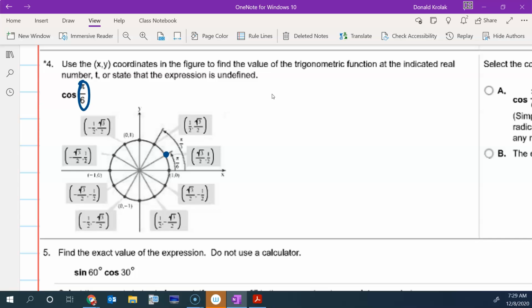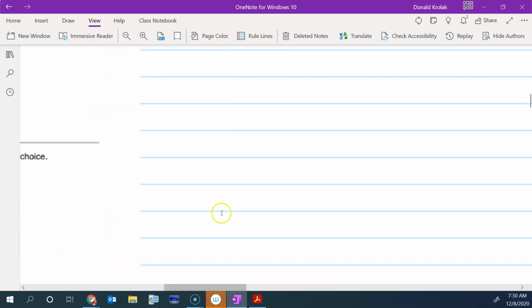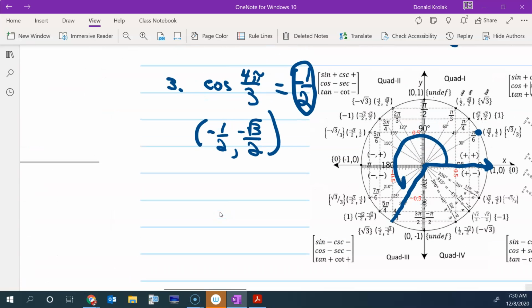All right, and the cosine of that is going to be √3/2. So I'm just using my unit circle again. √3/2.